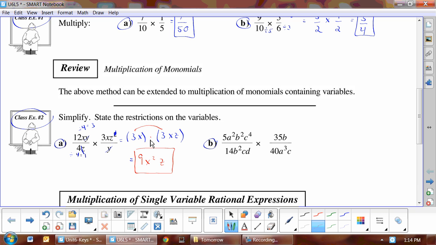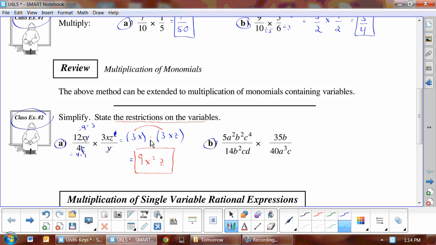Okay, so when they ask us to state the restrictions, so our non-permissibles. If we remember, when we do our non-permissibles, we always look at our original equation, right? So can someone, maybe Justin, our non-permissibles, we look at our original equation and we find them in the denominator.